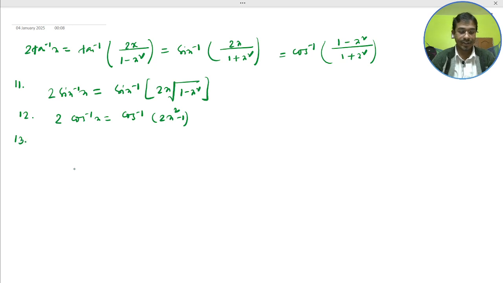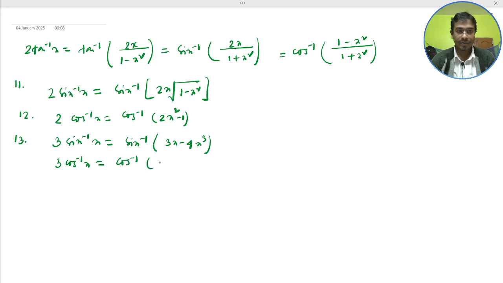Next, 3 sin inverse x equal to sin inverse of 3x minus 4x cube; basically you apply the sin 3 theta formula. Next, 3 cos inverse x equal to cos inverse of 4x cube minus 3x.